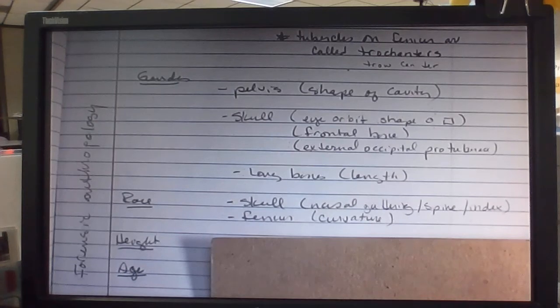For the femur, you'll look to see if and what kind of curvature the femur has. So for race, you're going to look at the skull. You're going to measure and compare the nasal guttering, nasal spine, nasal index. The femur, you're going to look at the curvature.